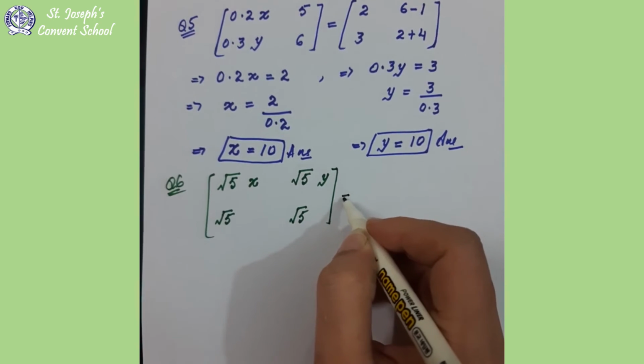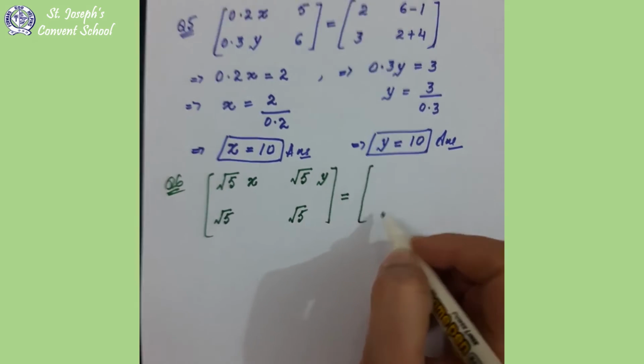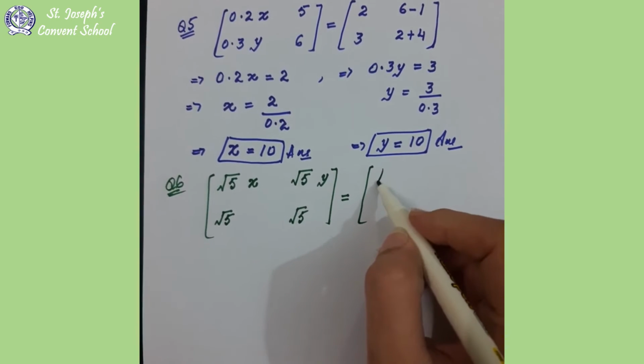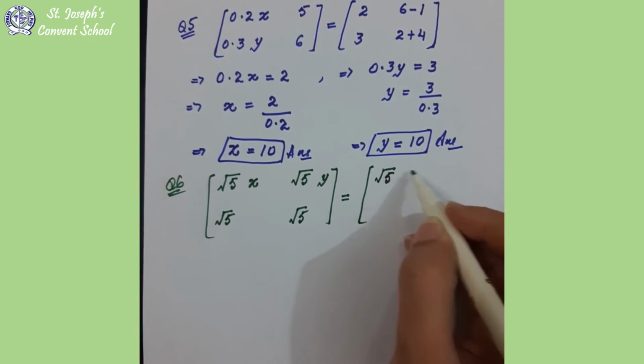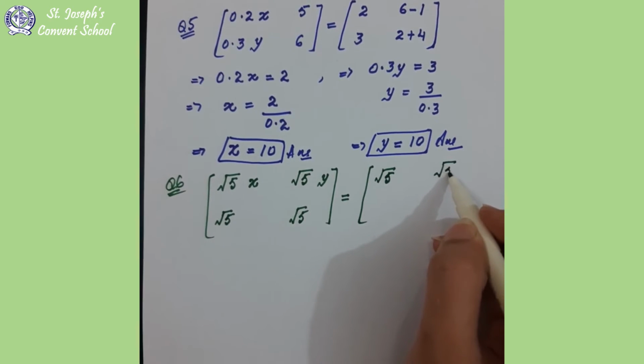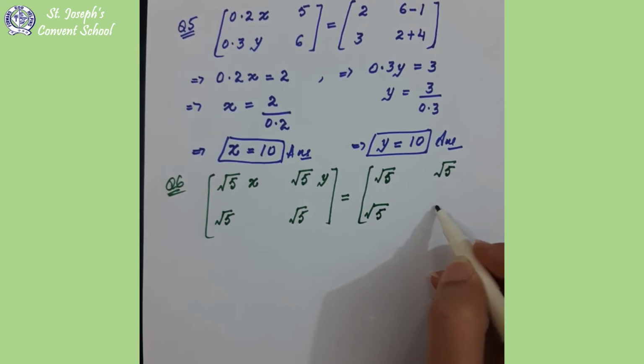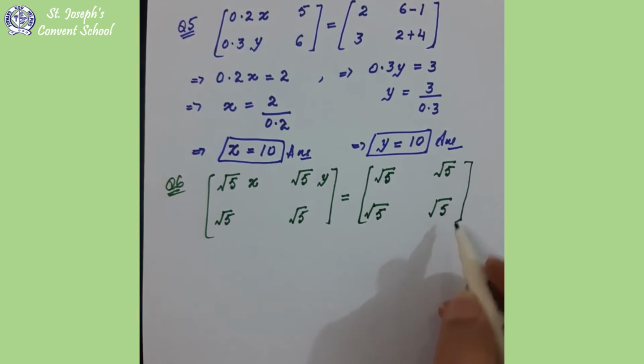And this matrix equals a matrix with root 5 as the first term, the second term also root 5, the third term also root 5, the fourth term also root 5, okay. Now these two matrices are equal. You have to find the value of x and y.